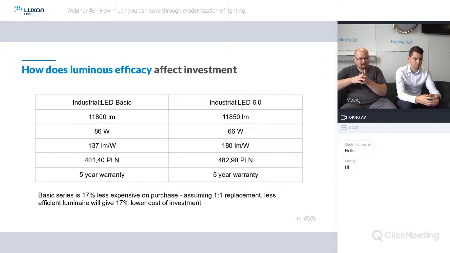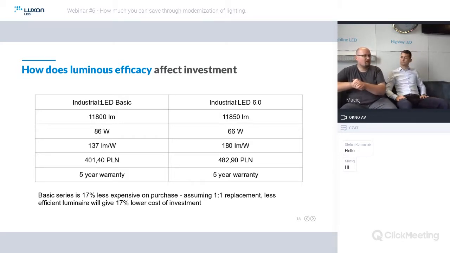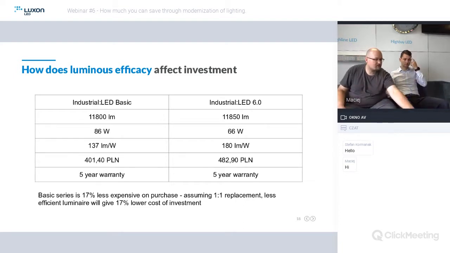But there is a little trick with that, and we will show you why it's more cost effective to use higher efficacy solutions that at first glance seem more expensive in purchase costs, but have better value in return over time in the next stages.